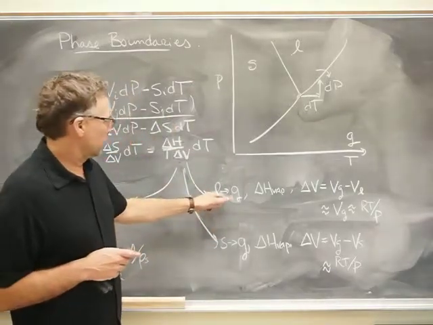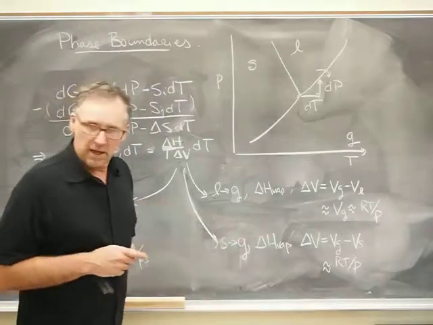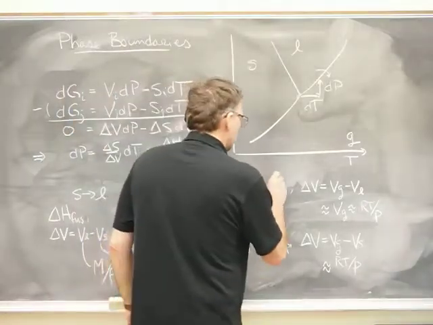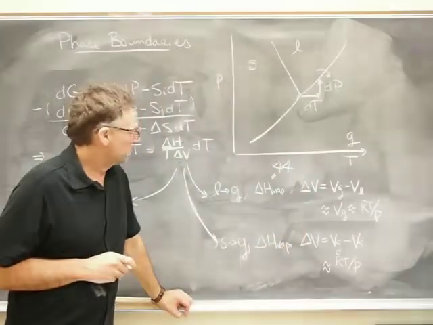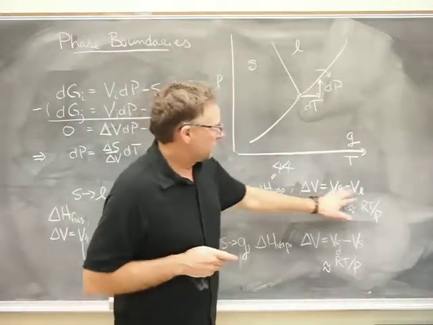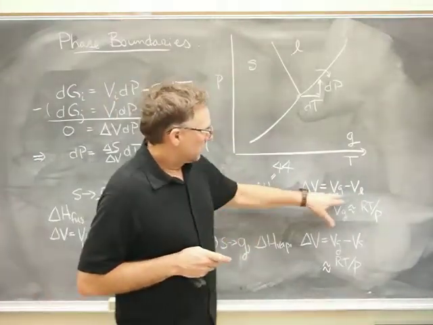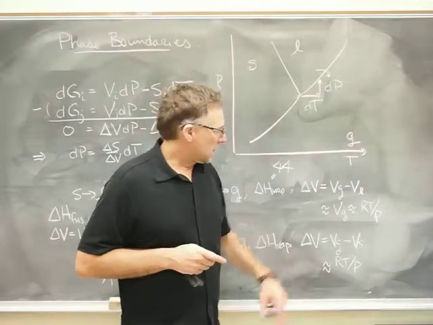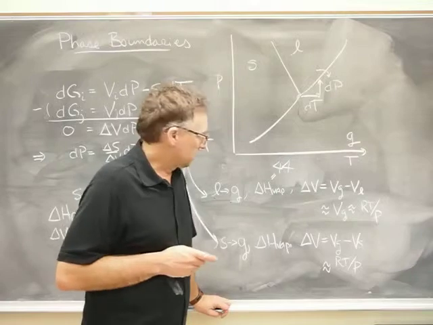I imagine I'm going from liquid to gas, so we're talking about that part of the curve. I've got the enthalpy of vaporization, which we could say is maybe around 44 kilojoules per mole. That's its room temperature value. And now what are we going to do about the change in volume in going from a liquid to a gas? Well, we know gases have about 1,000 times the volume of their condensed phases at ambient temperature and pressure.